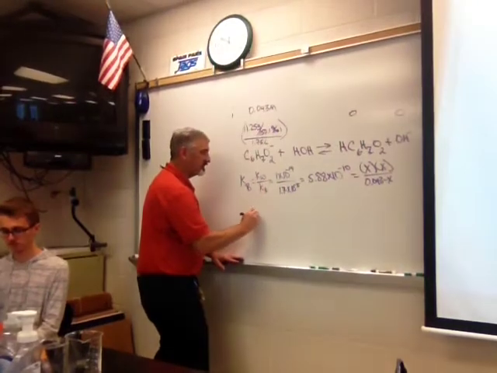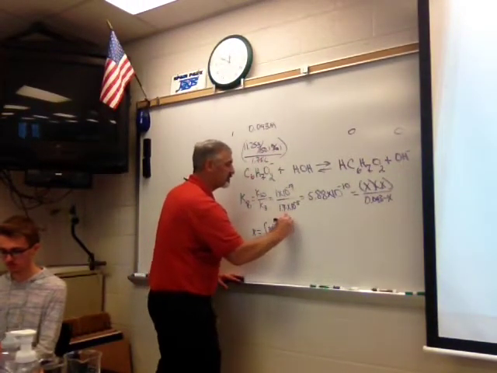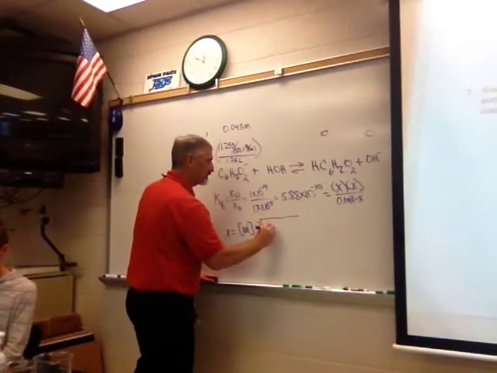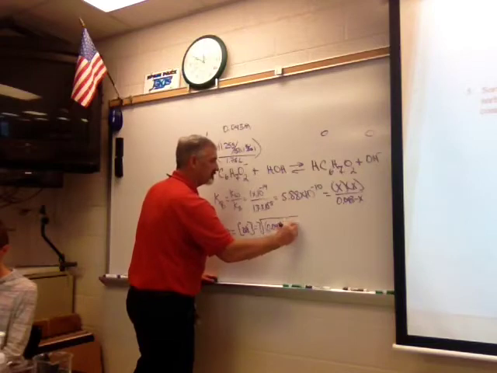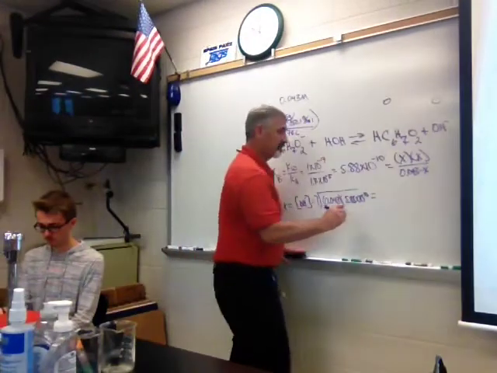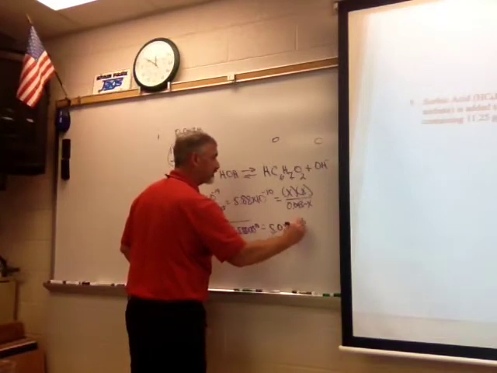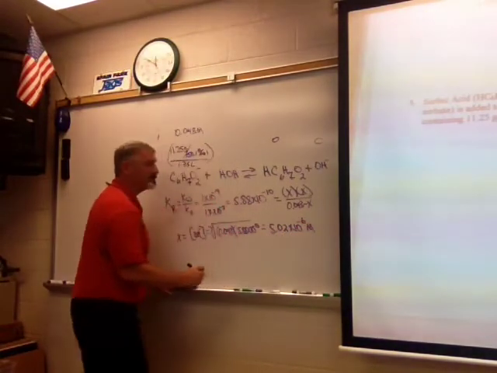So x is equal to my OH minus, which is equal to the square root of 0.043 times 5.88 times 10 to the minus 10. That equals 5.02 times 10 to the what? Negative 6. Okay, that's my OH minus.